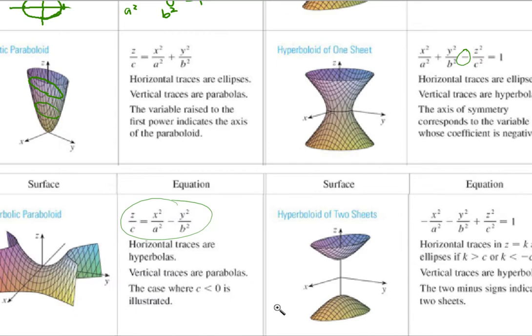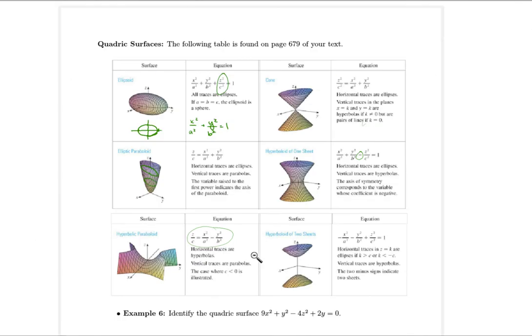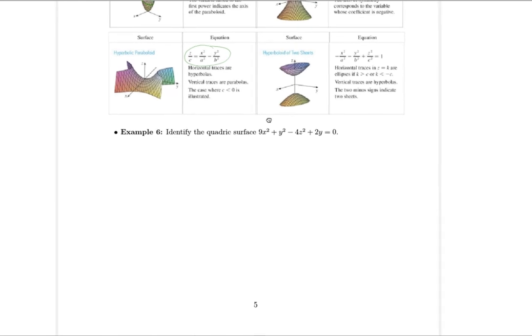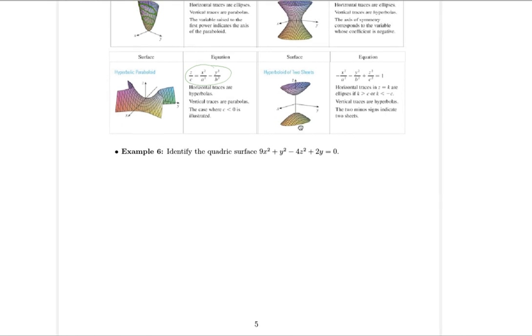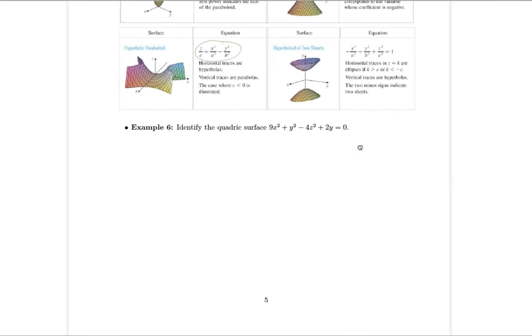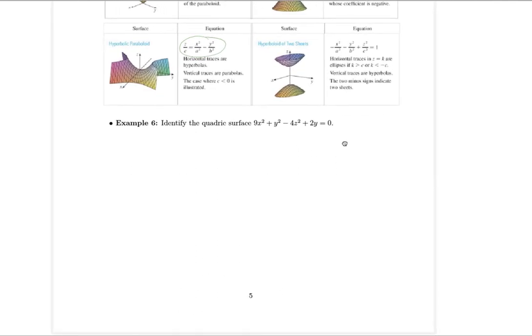All right, so one of the things that you may do in this section is take a surface that looks like this, you can't really make sense out of it, and then try to convince yourself that it is in fact one of these surfaces that you see up here. So these are called quadric surfaces, so it's asking me to identify the quadric surface.